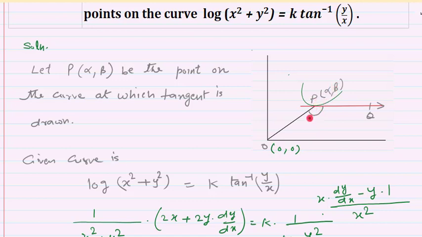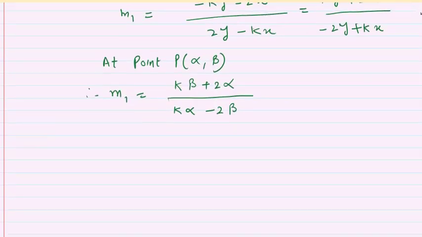So if you remember, the slope of OP can be calculated by using the formula y2 minus y1 upon x2 minus x1, because this is the line where two passing points of the line are given. So by using the same, we are getting beta minus 0 upon alpha minus 0, which is nothing but simply beta upon alpha. So let me write this.